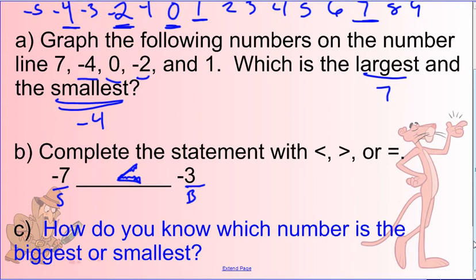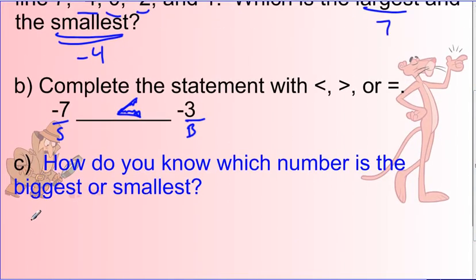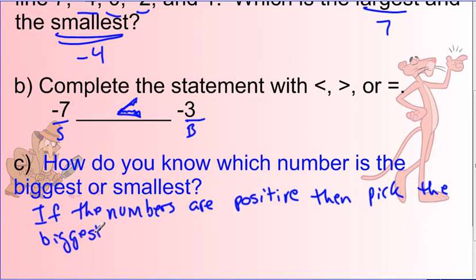Okay, so hopefully you're done. You should have written down an answer for yourself. So you should have said something like, if the numbers are positive, then pick the biggest one. So if the numbers are positive, obviously it's easy to tell which ones are bigger and smaller.